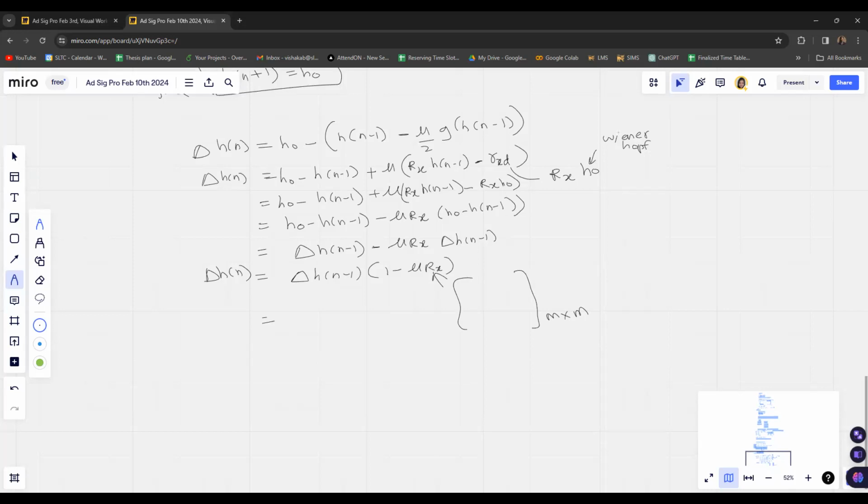One thing is that we have to consider the fact that it is a symmetric matrix. So Rx is a symmetric matrix.